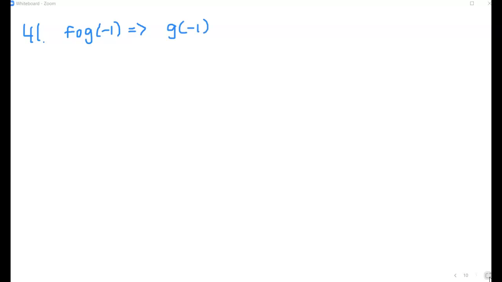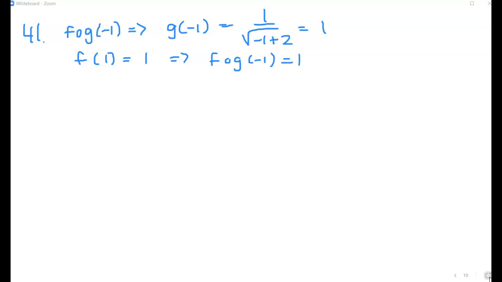So g of -1 is 1 over the square root of -1 plus 2. So -1 plus 2 is 1. Square root of 1 is 1. 1 over 1 is 1. So then that's the same as saying f of 1. And f of 1 is 1. So f of g of -1 is 1.